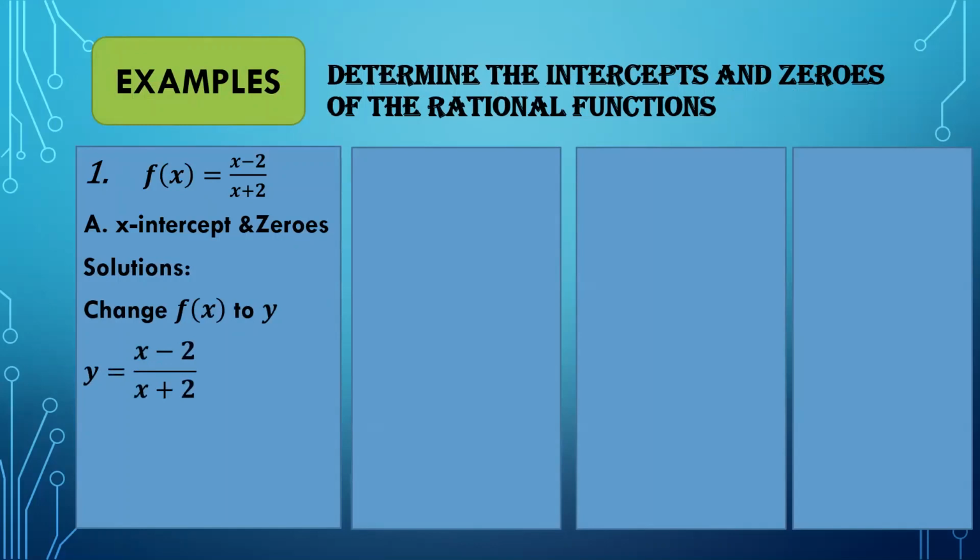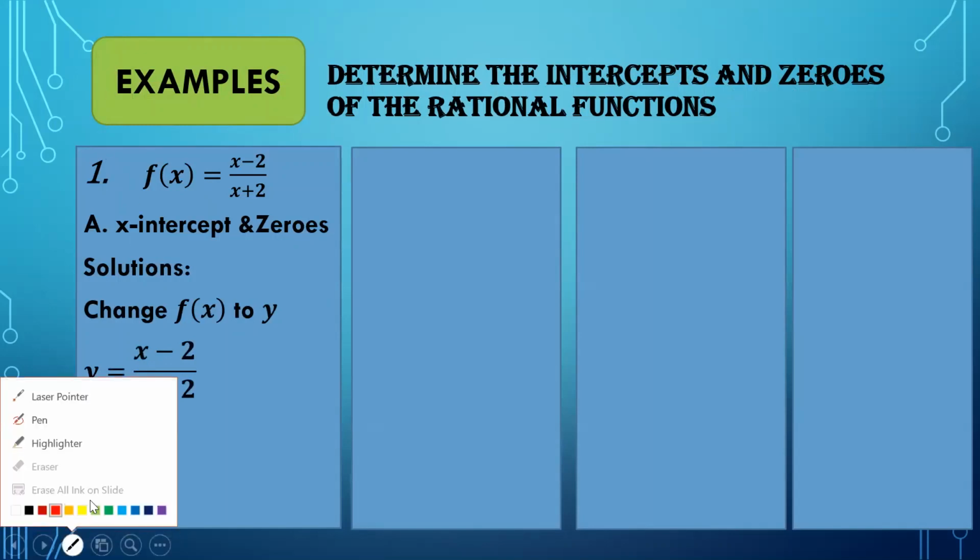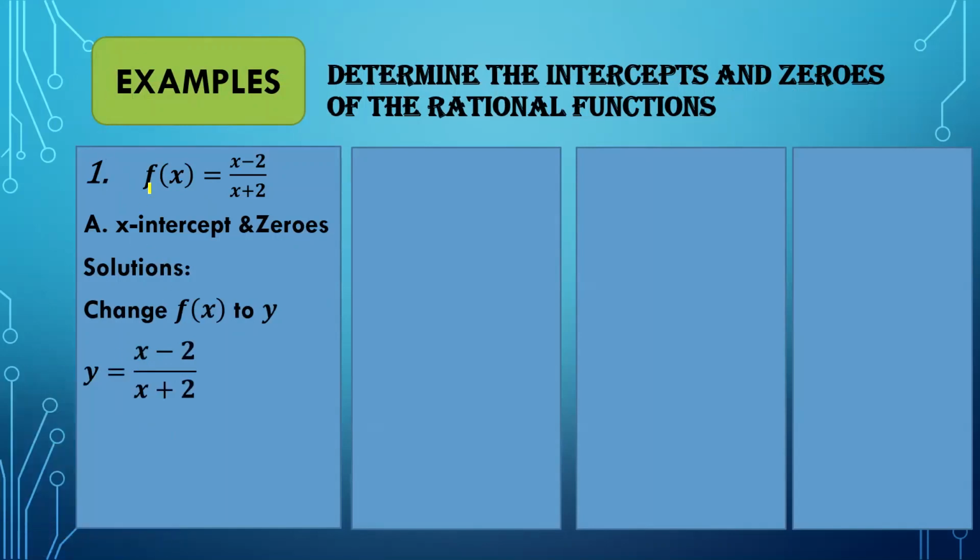So from f of x, we have y is equal to x minus 2 all over x plus 2. Then let y be equal to 0. So we have 0 is equal to x minus 2 all over x plus 2.